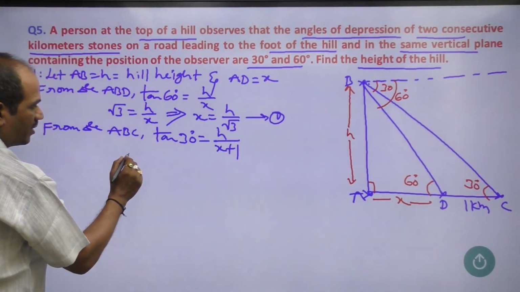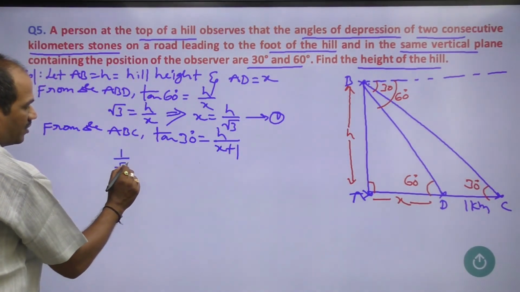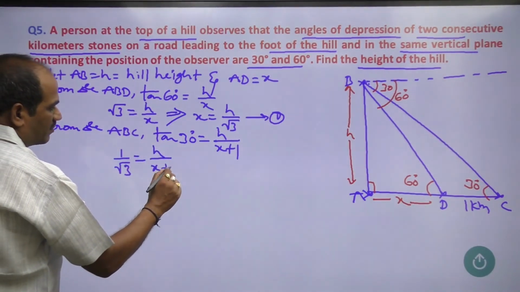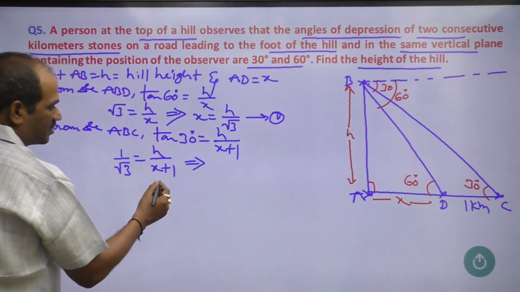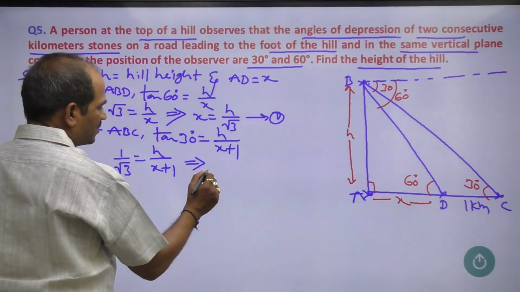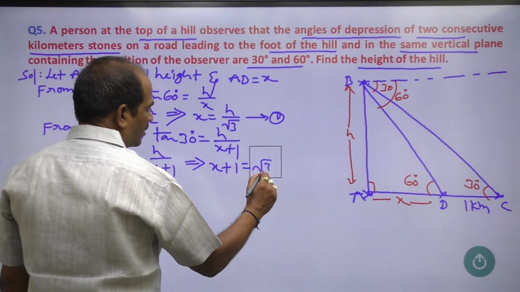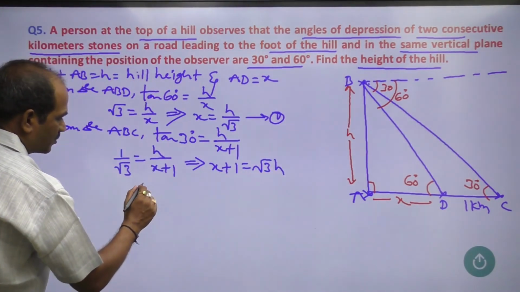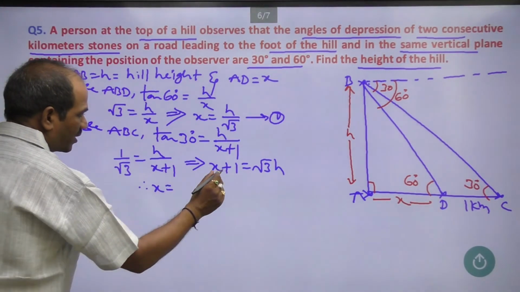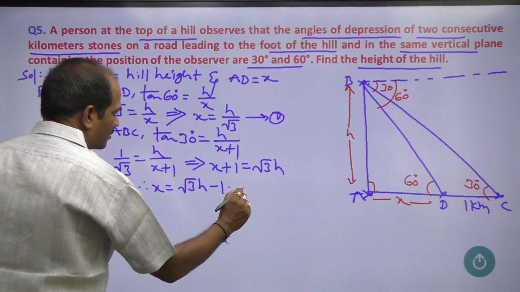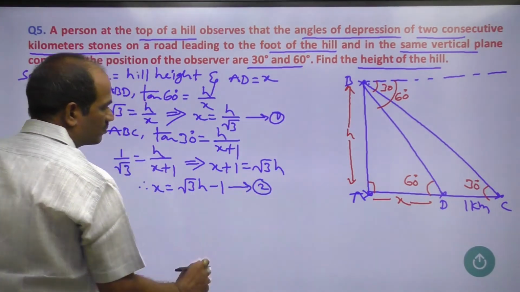The tan 30 value is 1 by root 3, so 1 by root 3 is equal to h by x plus 1. Cross multiply: x plus 1 is equal to root 3 h. So x is equal to root 3 h minus 1, taking the 1 to this side. That is equation number 2.